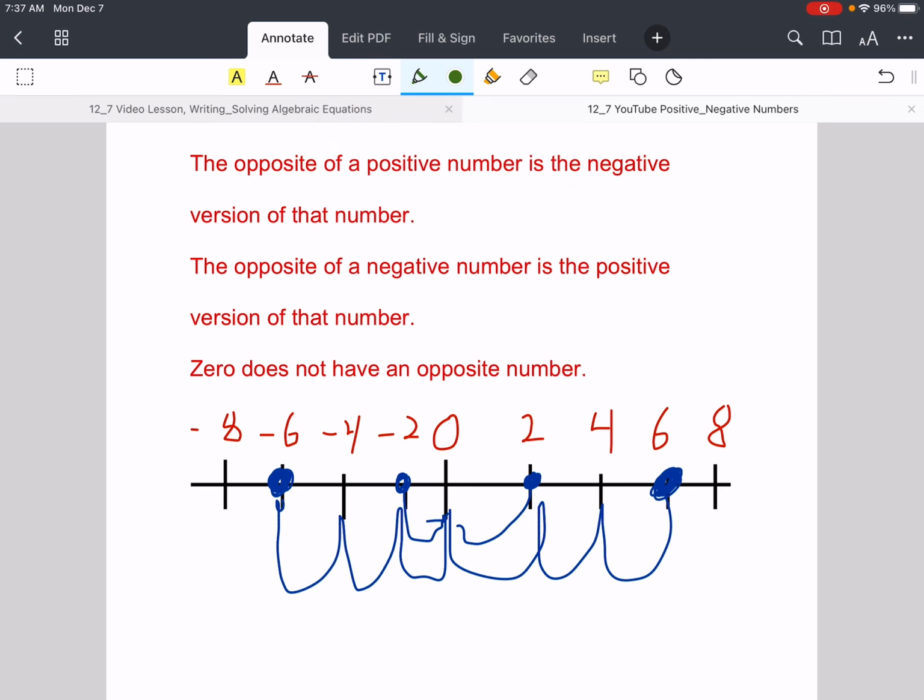And the opposite of, let's say, a negative number, let's say -8, the opposite of -8 is going to be +8. So opposites are pretty easy to remember as long as we know that 0 does not have an opposite.